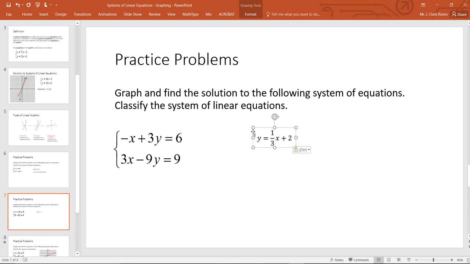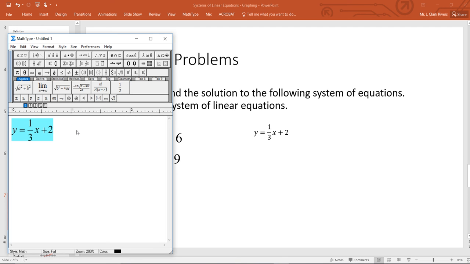Okay. I'm going to do the same thing with the bottom equation. Isolate y, let's see what happens. With that bottom equation, you get y equals 1/3 x plus 1. So you can check my work there as well.